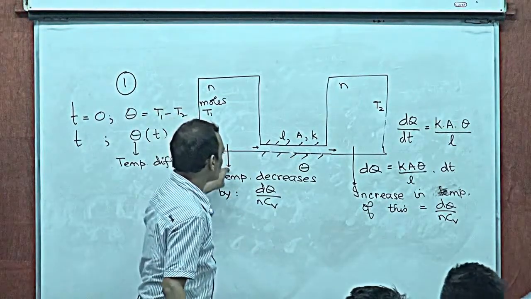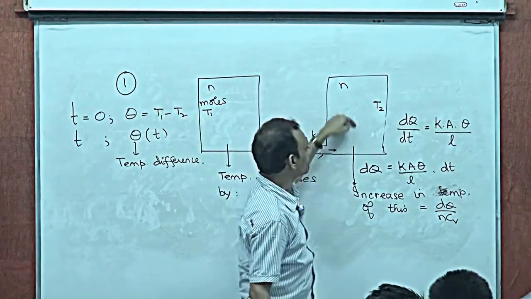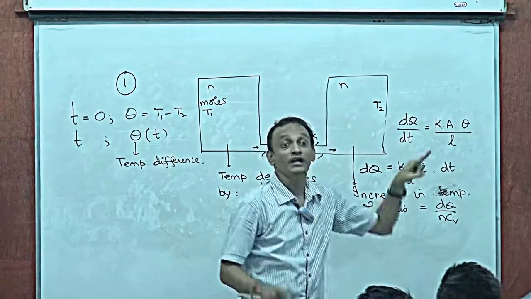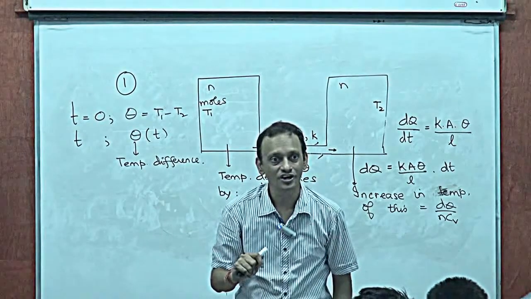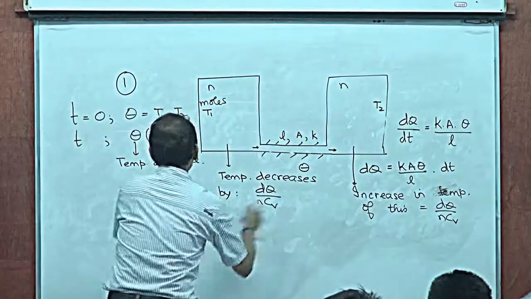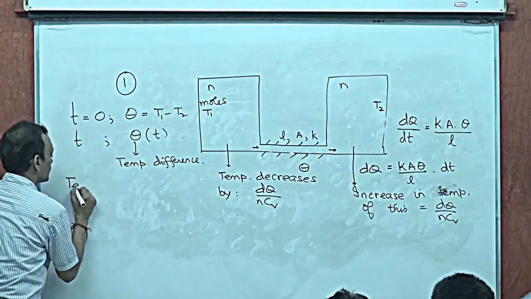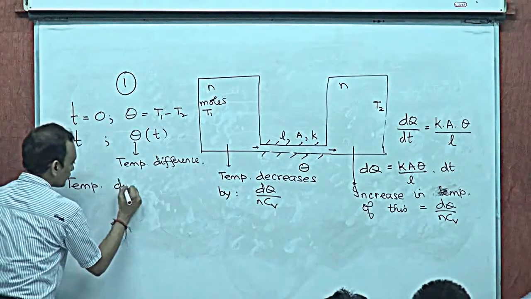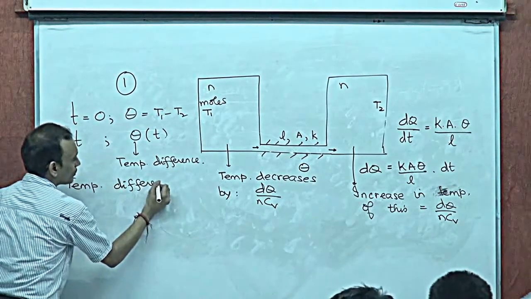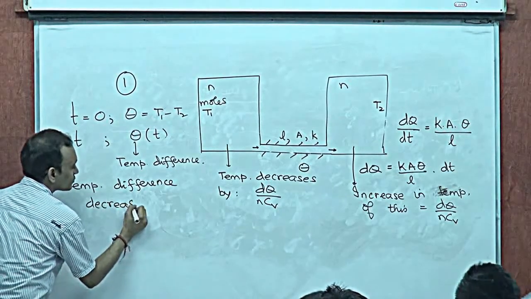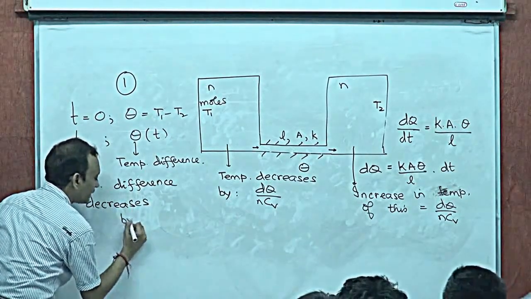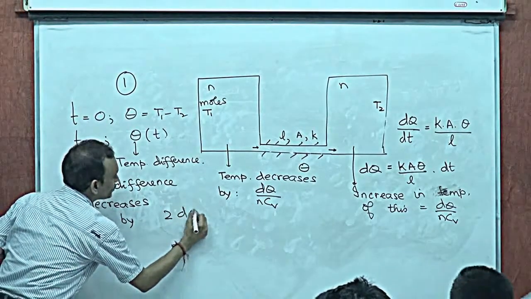If the temperature of this decreases by 1 degree and the temperature of this increases by 1 degree, then the temperature difference will decrease by 2 degrees. So the temperature difference decreases by an amount 2 dQ by nCv.